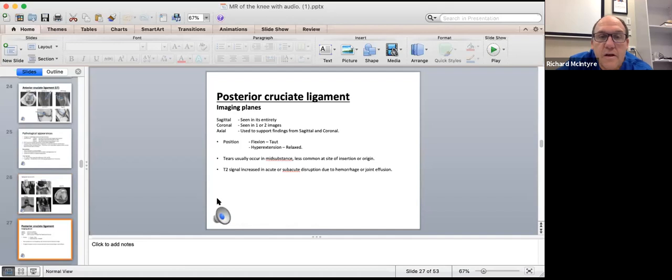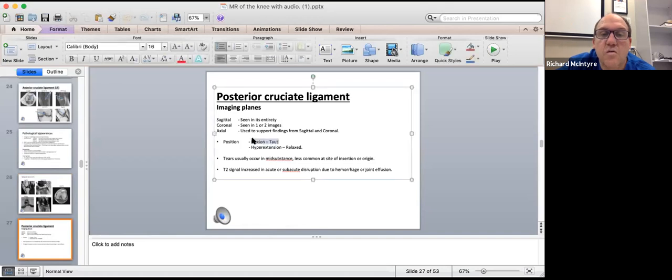Posterior ligament. We see the sagittal in its entirety, the coronal seen on 1 or 2 images, and axial used to support findings. So we can imagine that axial through the ligament. In flexion, the PCL is taut.